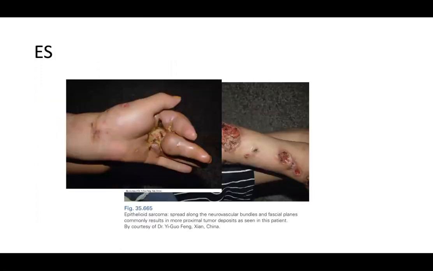You can see the morbidity associated with epithelioid sarcoma. So if you see this ulcerative neoplasm on the distal portions of the patient, you can definitely always include epithelioid sarcoma in your differential. Unfortunately, it spreads along neurovascular bundles and fascial planes, and it results in deposits of the tumor more proximally, as seen in this patient.